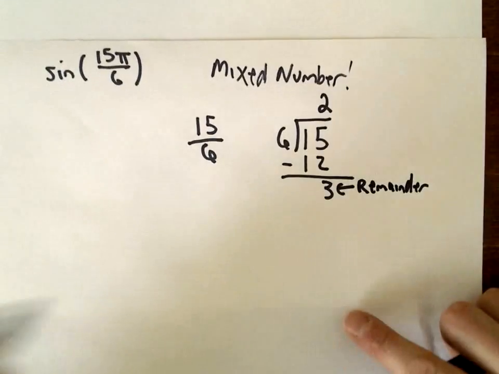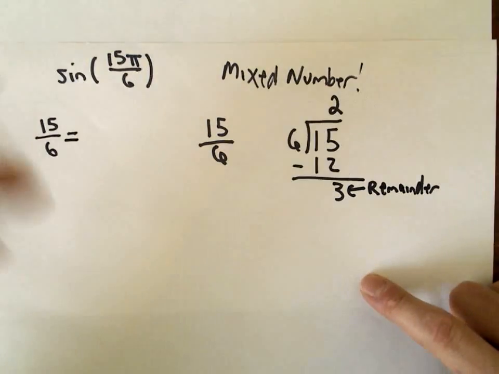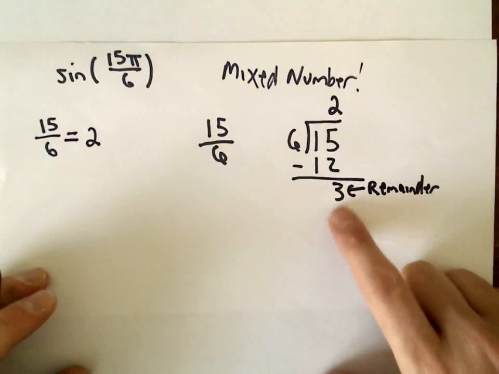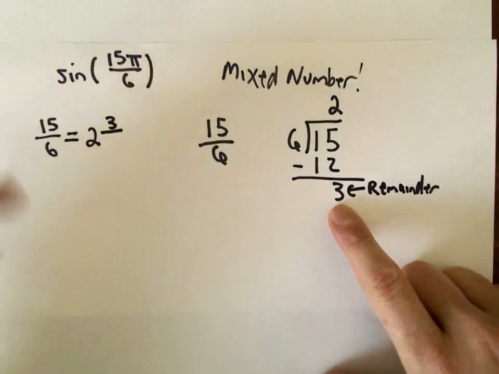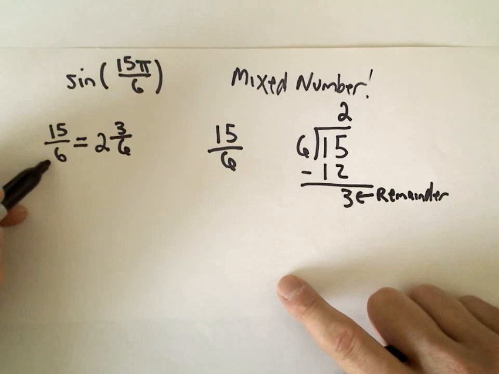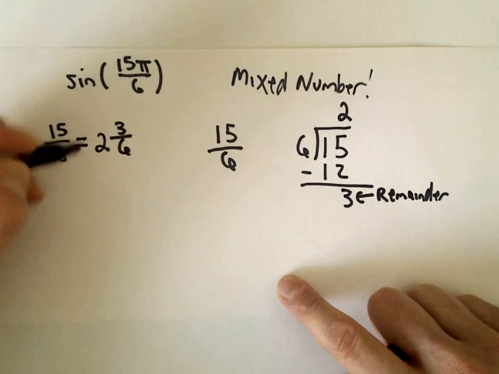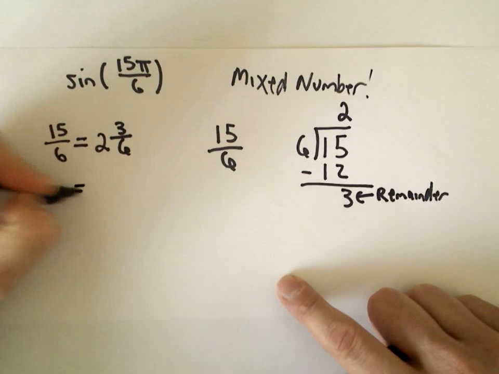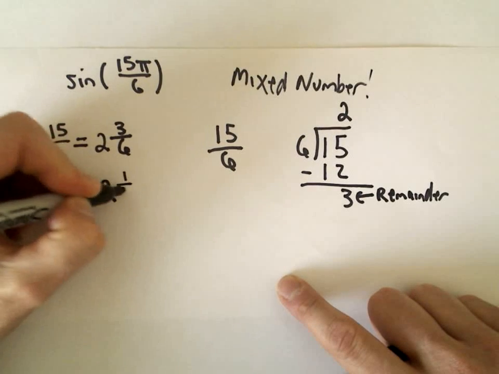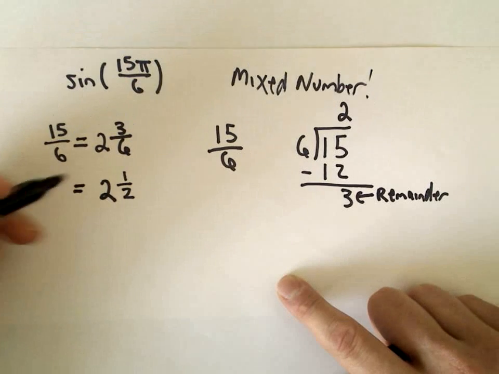So we can write this as the number on top, which was 2, the remainder, which is 3, and then we put it over whatever we were dividing by. So we can write 15 over 6 as 2 and 3 sixths, and that reduces, since 3 divided by 6 reduces to 1/2, to 2 and 1/2.